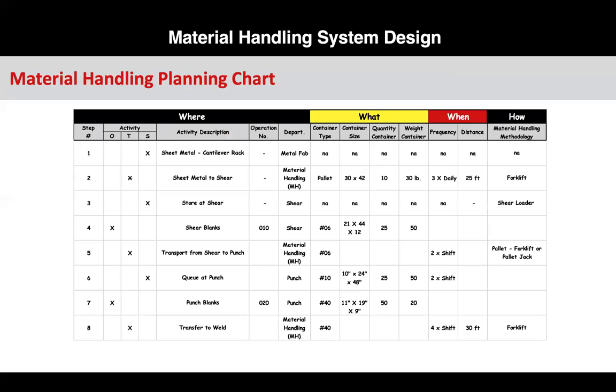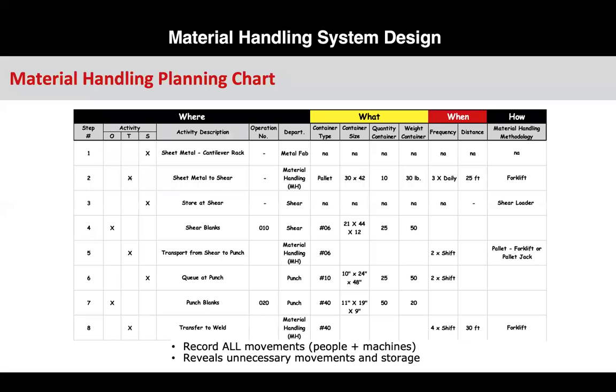Okay, so here's a sample of a planning chart. Quite busy, and I'll just step you through each column here. When you're doing a material handling chart, you want to record all movements of people and machines.